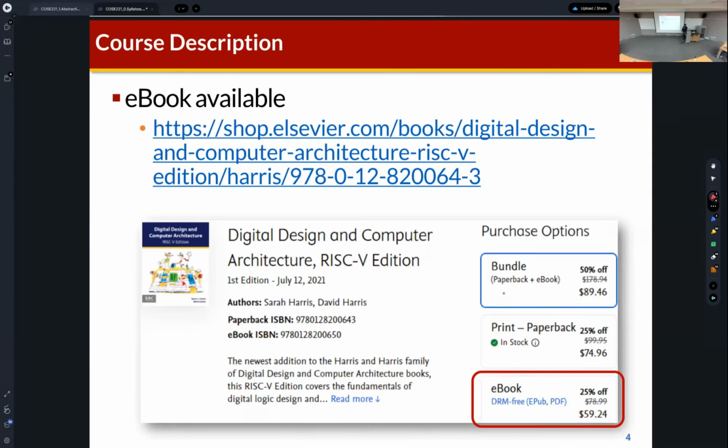But you can purchase the ebook of this edition from this site, and it's cheaper than the real physical book in Korea.